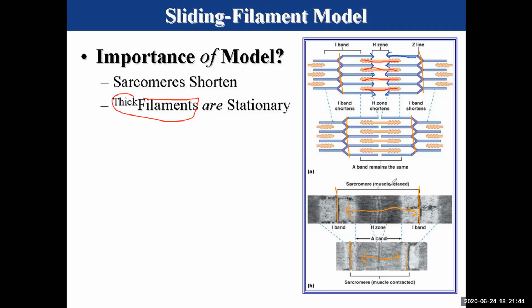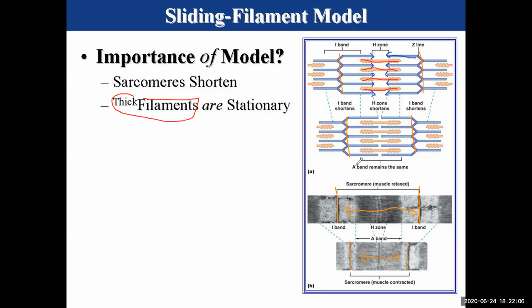This also gives rise to the I band that you learned from anatomy and the A band. The I band is where you don't have overlapping. It's only thin filaments.